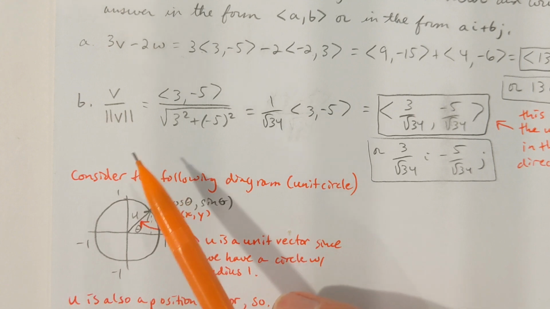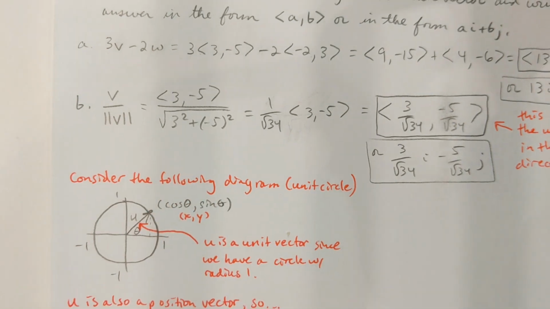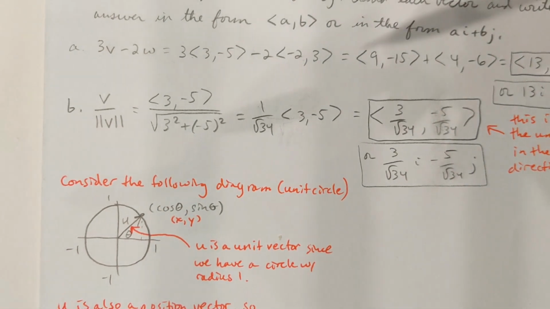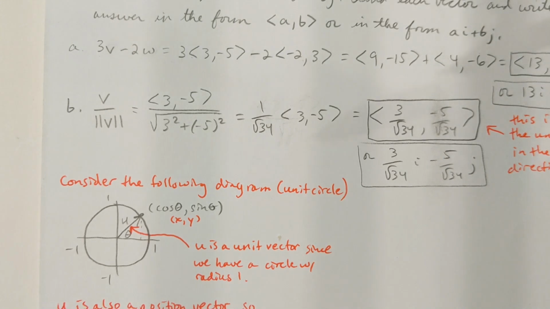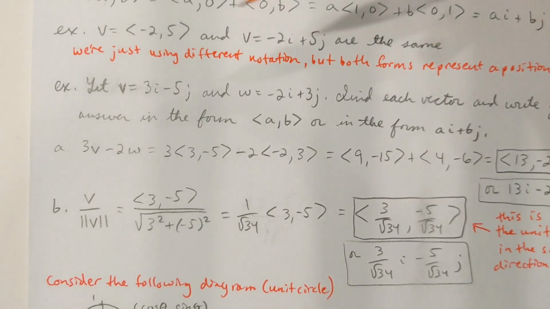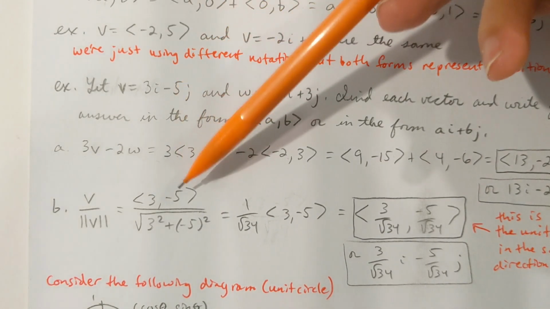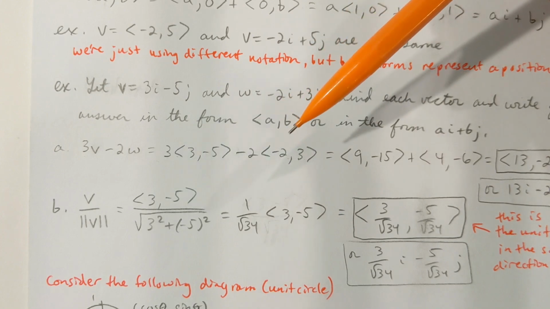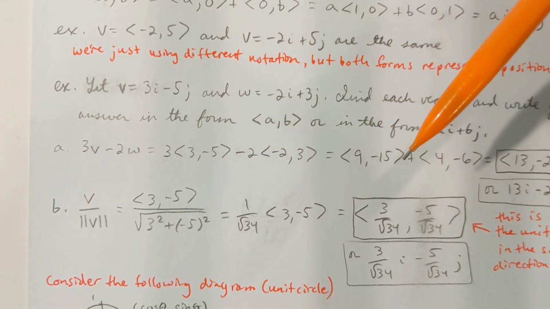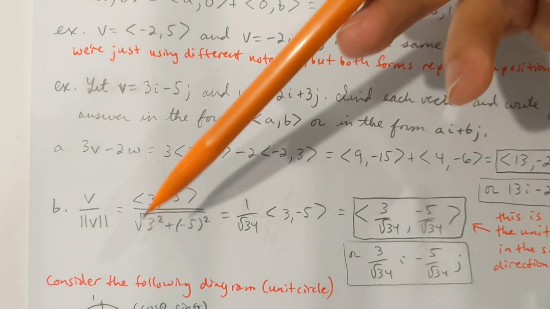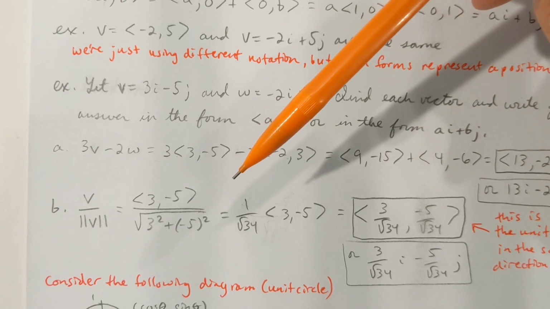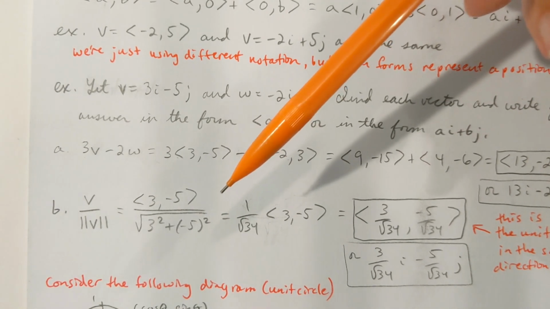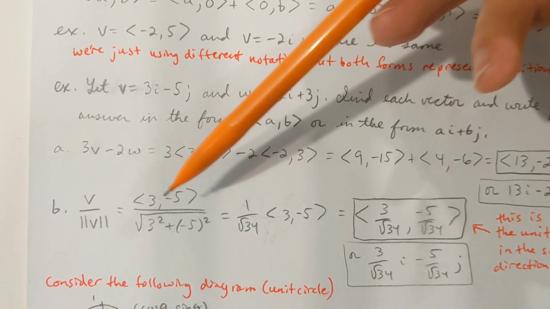Part B, we're computing a unit vector. Remember that how we get a unit vector is we take the vector and then divide by its length. Vector v is given to us here as the vector <3, -5>. Let me divide by the length of that vector, using the distance formula. I'm starting at (0, 0), right?